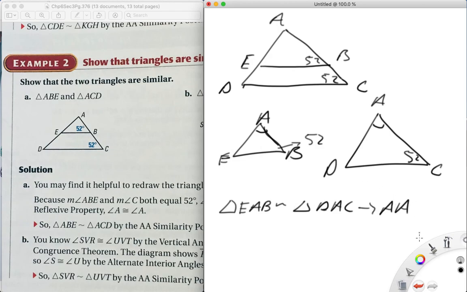Again, I have two angles that are congruent. I have angle B congruent to angle C, and then because they both share angle A, angle A is congruent to angle A. Therefore, they are similar triangles.